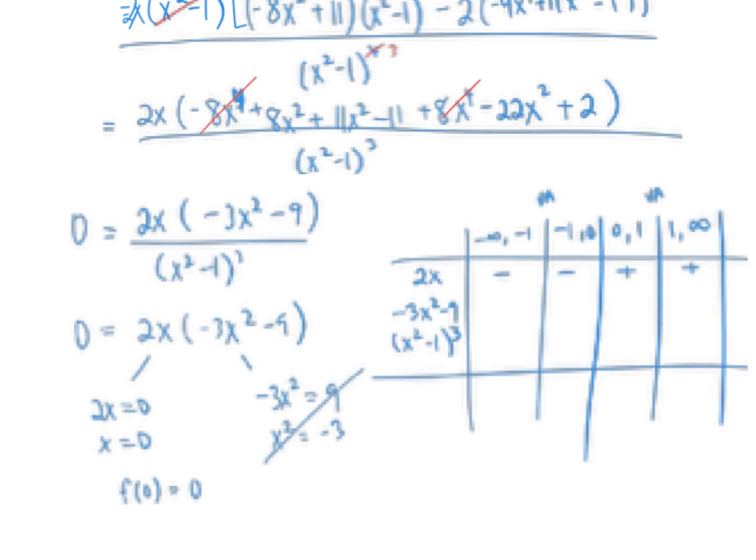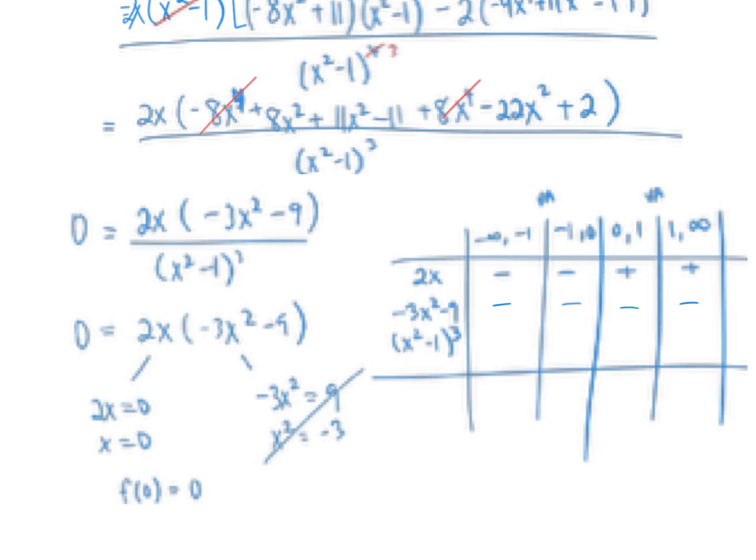For negative 3x squared minus 9, if I test negative 2, it's going to be negative. If I test negative 0.5, this is also going to be negative. If I test 0.5, it's actually always going to be negative. If you think about the shape of this parabola, it's opening down, and the optimal value is negative 9, so it's always going to be negative.